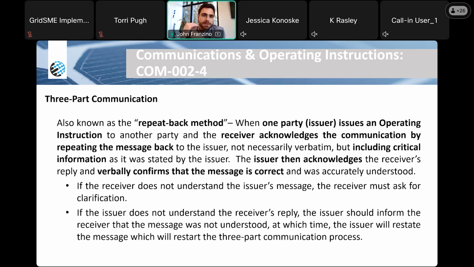But it is super important to know when the conversation changes from one, we're trying to gather basic information, we're just having an informal conversation between two real-time desks, to no, we are now issuing an operating instruction in which three-part communication is explicitly required to be used. Because of that, there are training requirements. All GOP operators need to be trained on three-part communication. That is part of the training plan that is explicitly required for GOPs, and we'll talk about that a little bit more later.